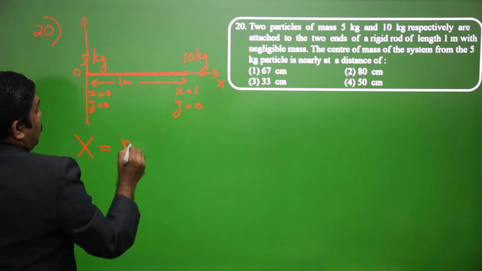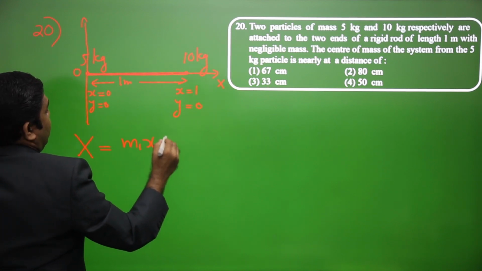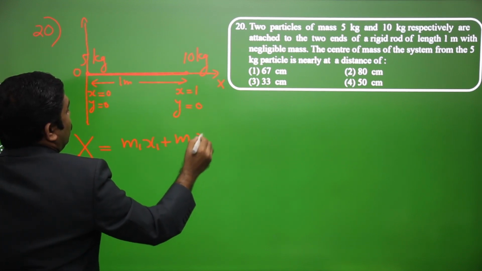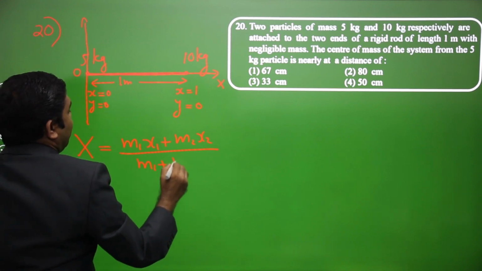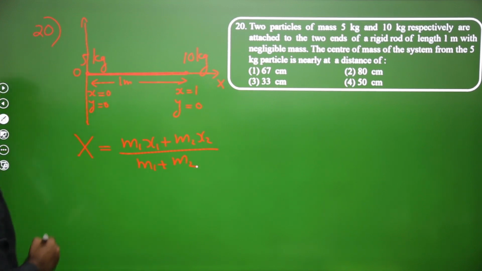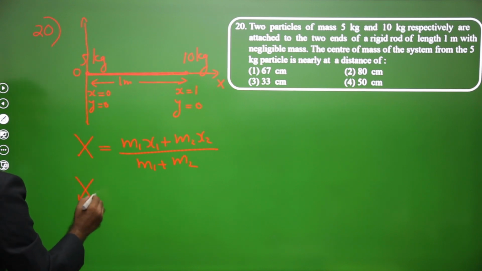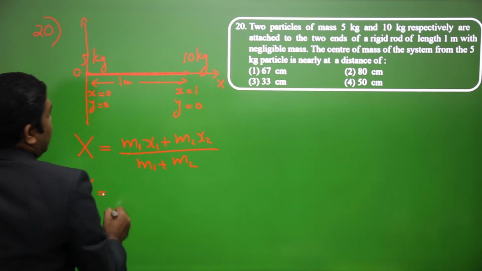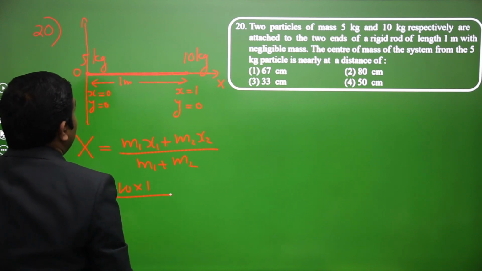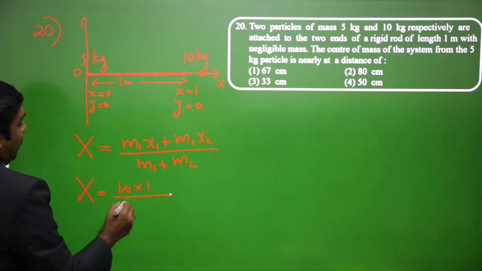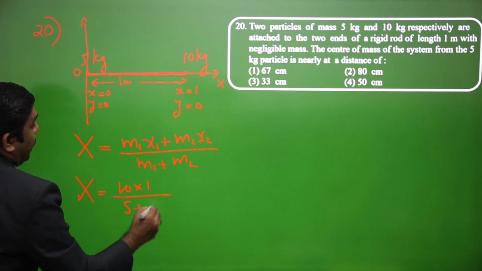What's the x coordinate of the center of mass? X is equal to m1 x1 plus m2 x2 divided by m1 plus m2. The first part is 0, therefore 10 into 1 divided by m1 plus m2, 5 plus 10.